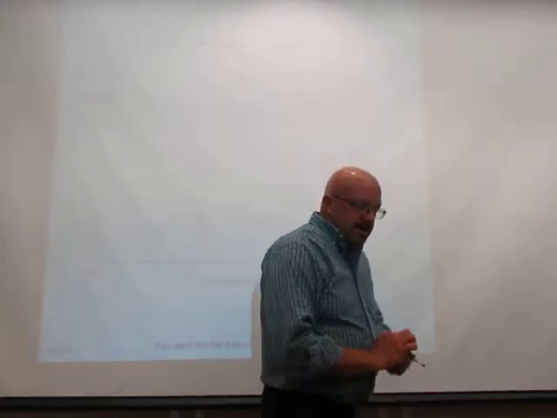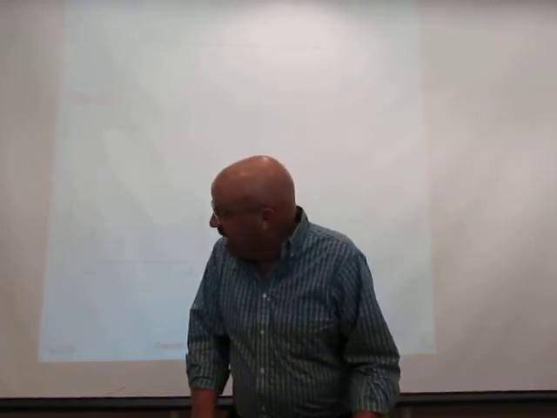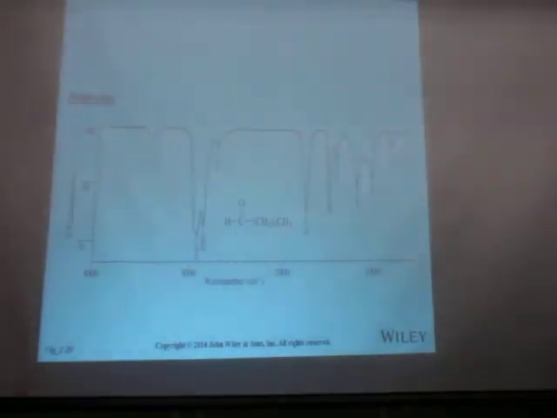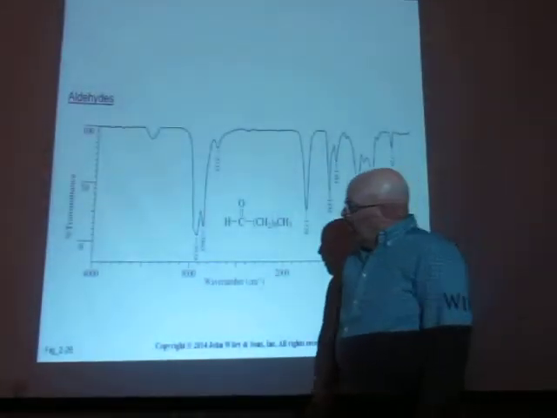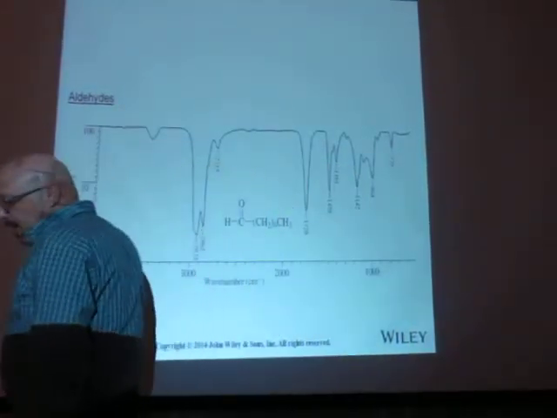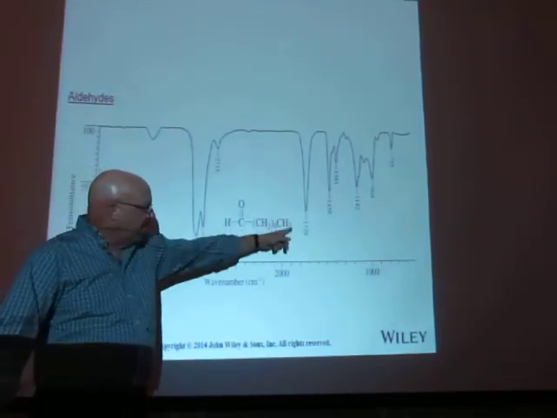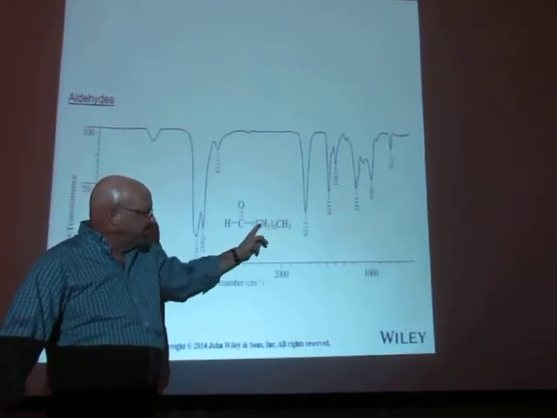Now let's look at an example of that and see if we can pick those out. So we should be able to see the CH stretch of the aldehyde and the carbonyl stretch. Again, I like to go 3000 first. Right below 3000, sp3 CH stretching. That's from the alkane portion down here, all these CH2s and CH3s.